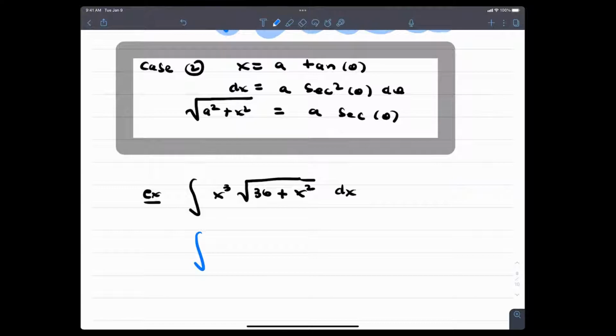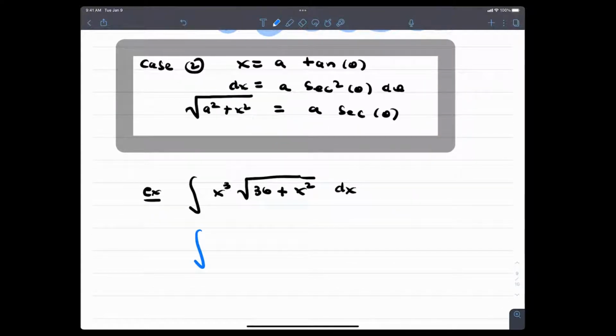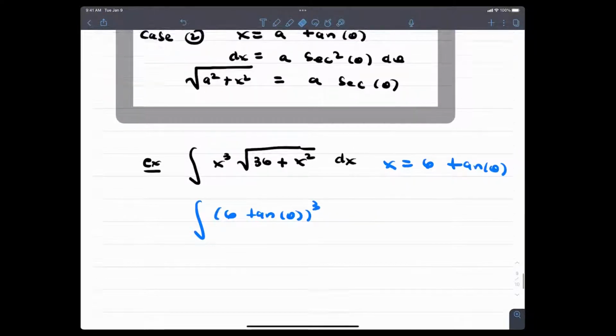So let's do our substitution. Is that right? What was x in this substitution again? x is 6, what? Tangent theta. Is that true? Okay. So this will be 6 tangent theta to the third power. Sorry, no square root.